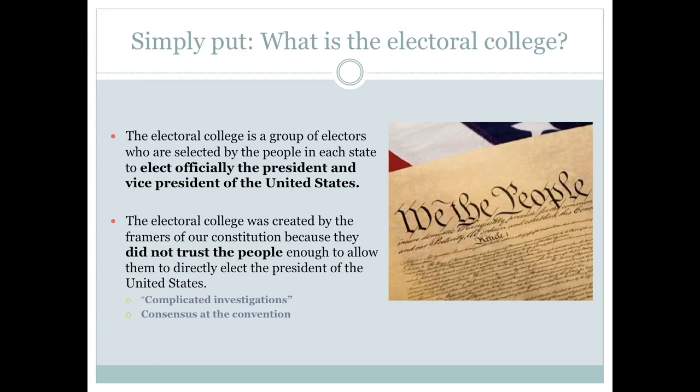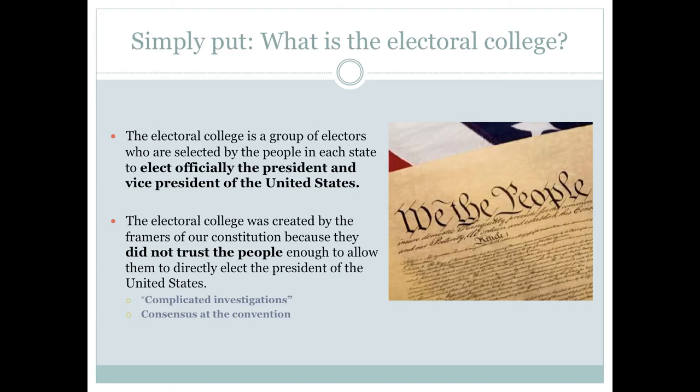In fact, there was consensus at the convention about whether or not we should allow the people to directly choose their president. There was consensus that it was too complicated of an investigation to be left to the people, that indeed the people could not be trusted to do this. And if you think about it, there was a lot less dissemination of information in those days.